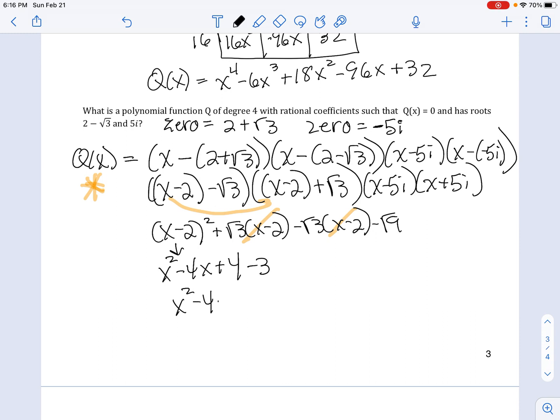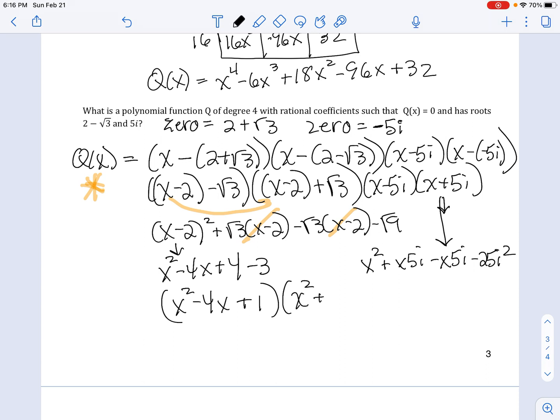And so that's going to give me x squared minus 4x plus 1. Down here, if you multiply it all out, you're going to get x squared plus 5ix minus 5ix. Those are going to drop out, minus 25i squared. And so that gives me x squared plus 25.